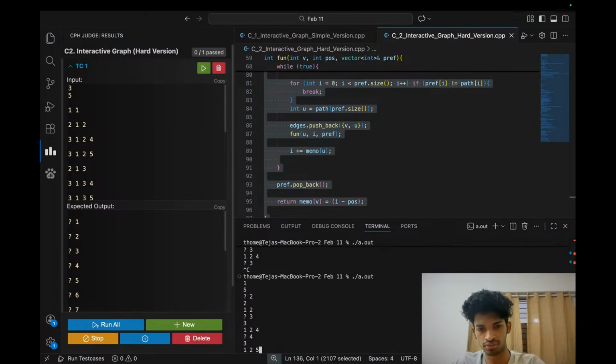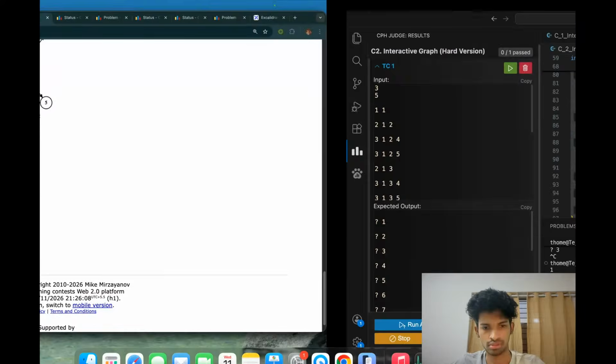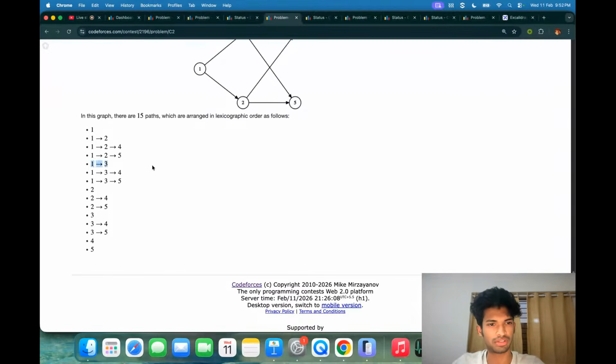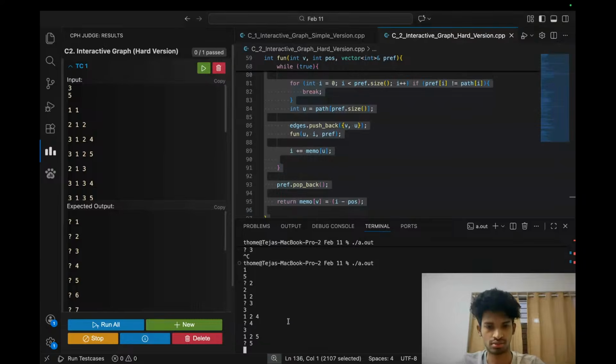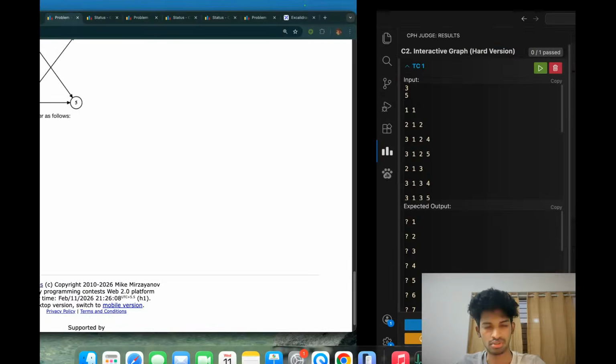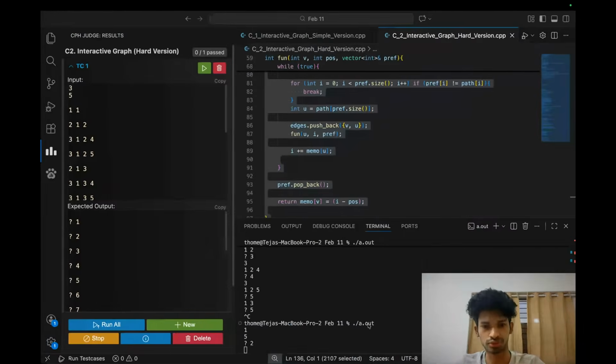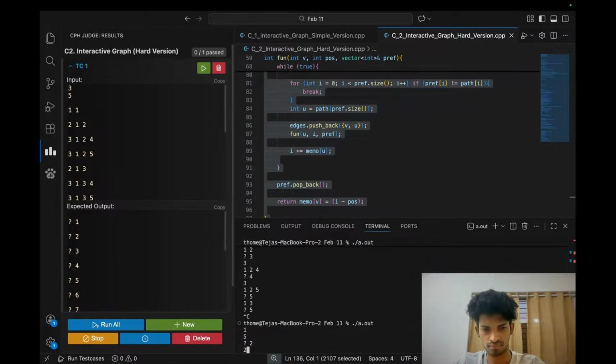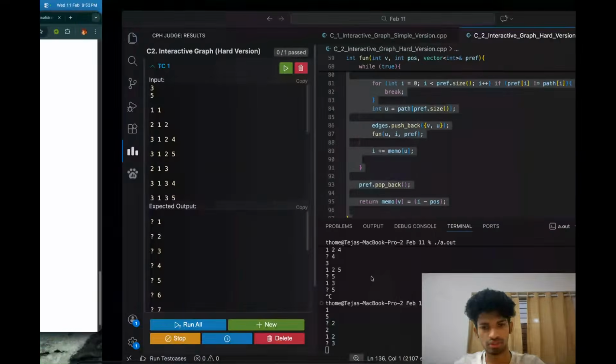3 and then I'll do 1, 2, 5. It's asking me what is fifth path. I'll do 1, 3. Asking me second path. I'll do 2, 1, 2. Asking me what is third path. I'll do 3, 1, 2, 4.